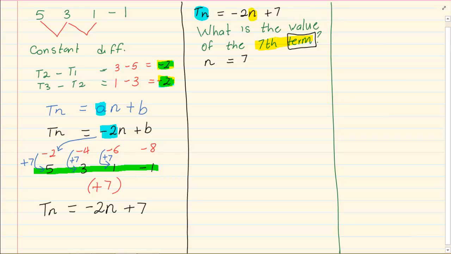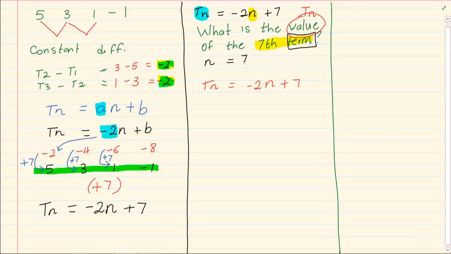So what is the value? Value is a reference to Tn. So what is the value of the 7th term? So they want you to solve for Tn. Now you have that n is 7. So we do a substitution.